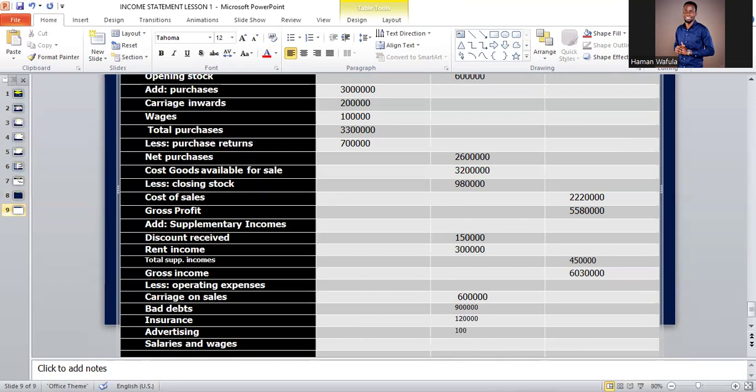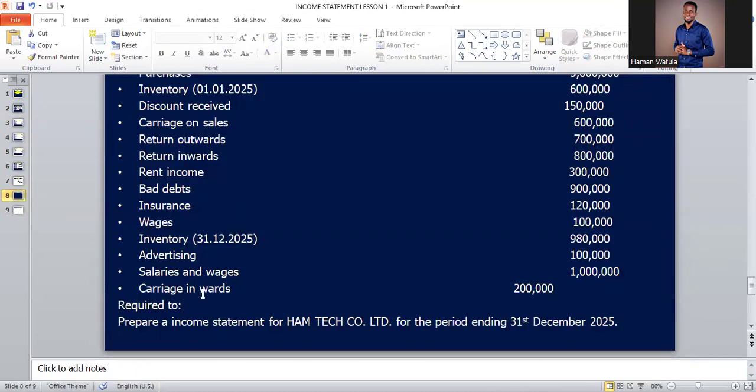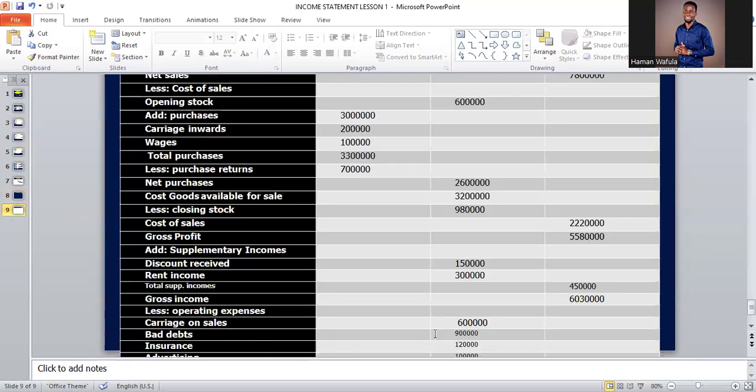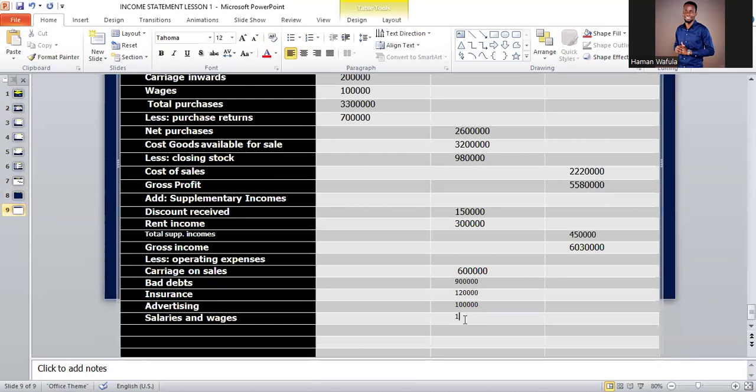Advertising is 100,000. Then salaries and wages is 1 million. Like that. So these are the only expenses that we have.